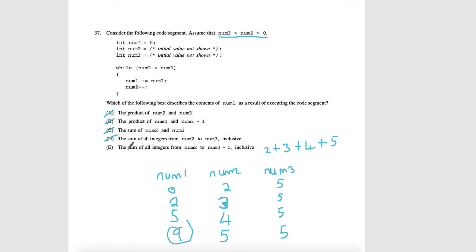And last of all, hopefully this is the correct one, the sum of all integers from num2 to num3 minus 1 inclusive. So that would be 2 plus 3 is 5 plus 4 is 9, because these three numbers represent the sum of num2 to num3 minus 1 inclusive. That's exactly what we want. Correct answer is E.